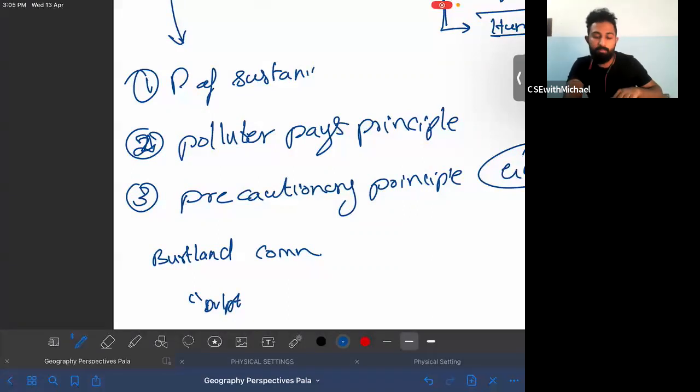So human beings have the right to exploit nature. That right is fundamentally part of environmental policy. It's a foundation principle of environmental policy.